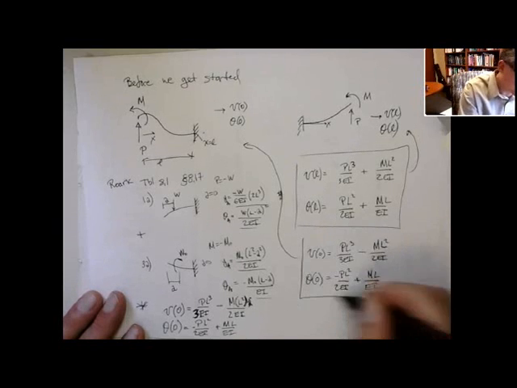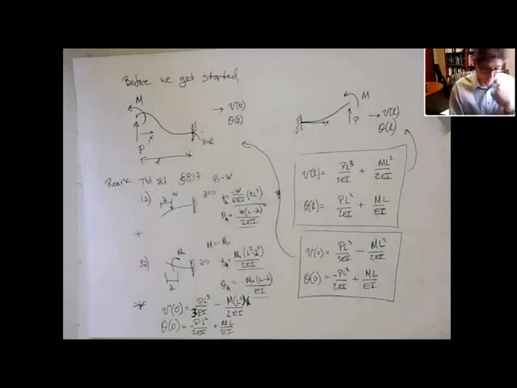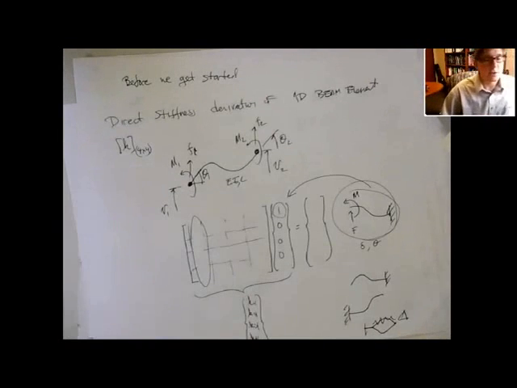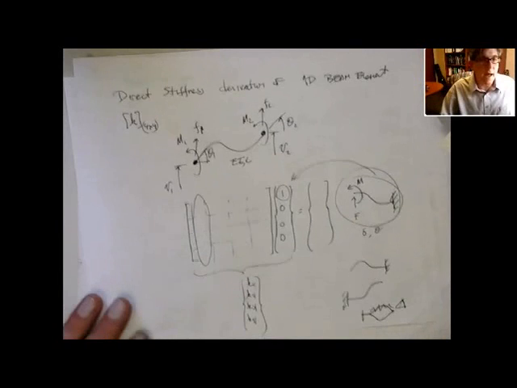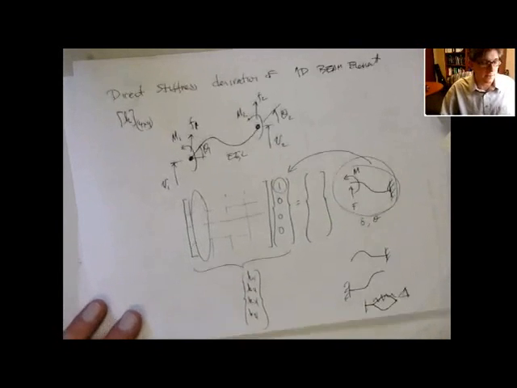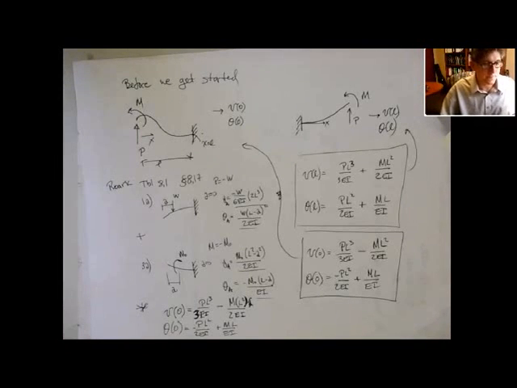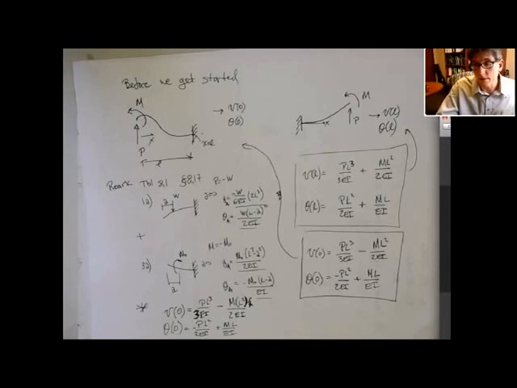All right, so we're going to use those two cases in these situations to back out the 4 columns of the stiffness matrix. All right, I'm going to pause the video here, and I will pick it up in the next video.